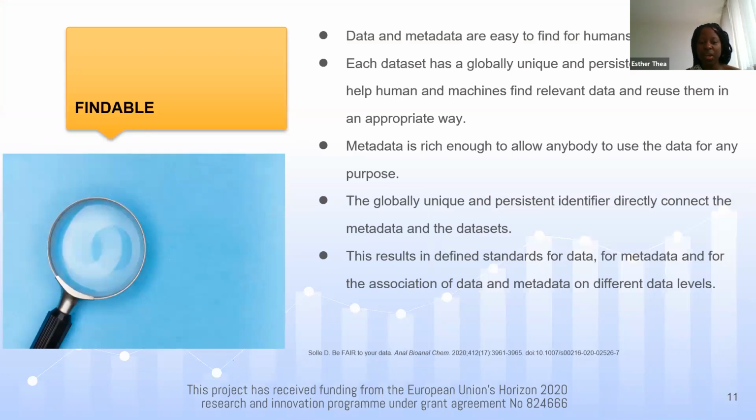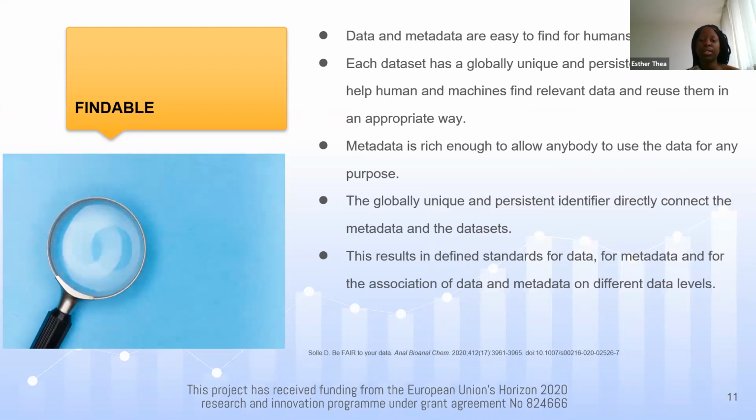So for the data to be findable, we're talking about it being easy to find for both humans and machines, and it has a unique and persistent identifier, or ID, that helps humans and machines to find it in an appropriate way. It has metadata that is rich, and the metadata then allows anybody to find the data for any purpose.